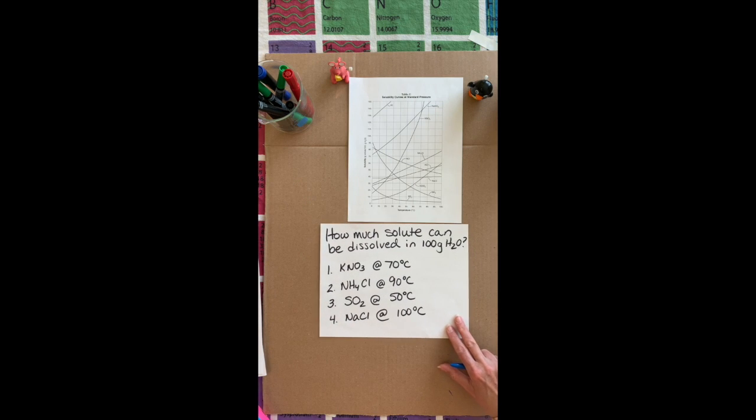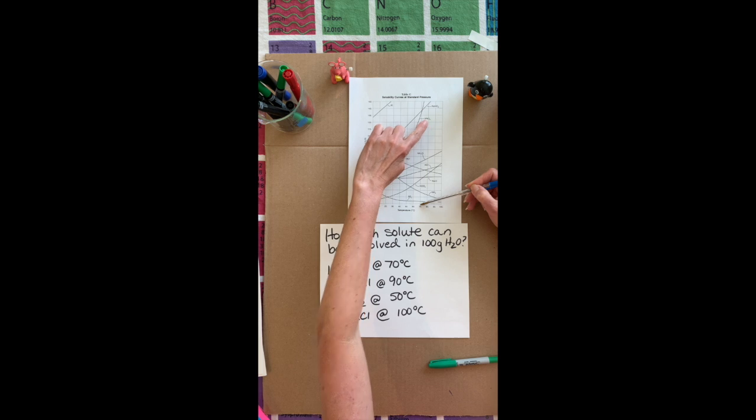Let's look at a few examples here. A typical Regents question would ask you this: how much solute can be dissolved in 100 grams of water? So let's look at potassium nitrate at 70 degrees Celsius. We go to 70 degrees Celsius. Here's our potassium nitrate.